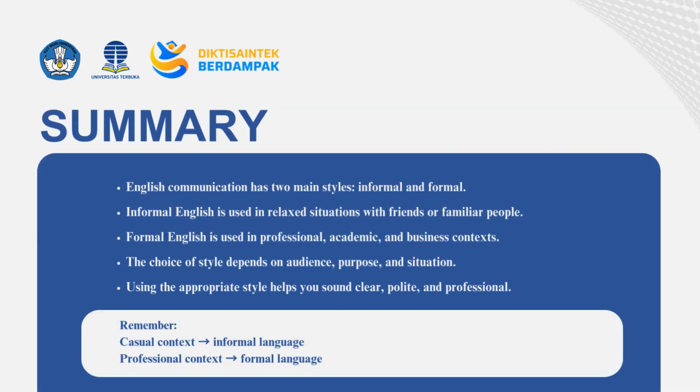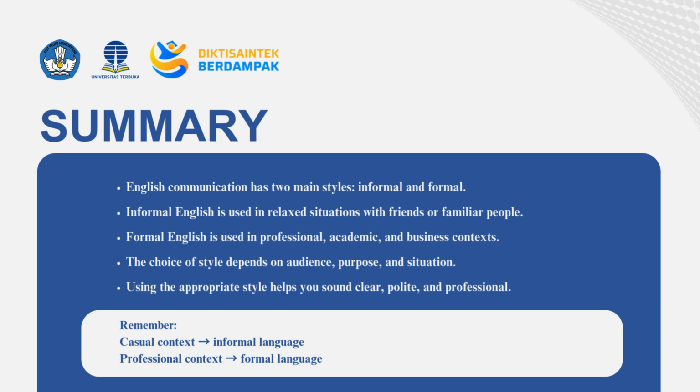Before we finish, let's review the key points from today's session as a summary. English communication generally uses two main styles: informal and formal. Informal English is suitable for relaxed situations with people we know well, with friends or familiar people.